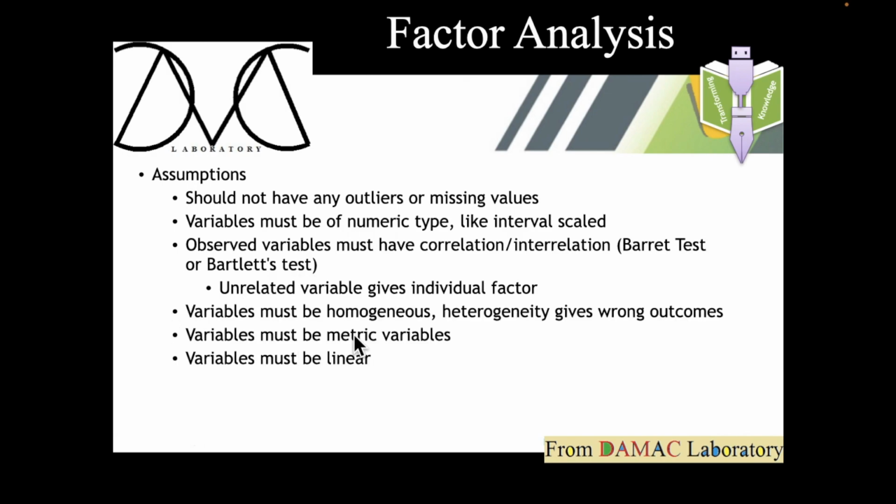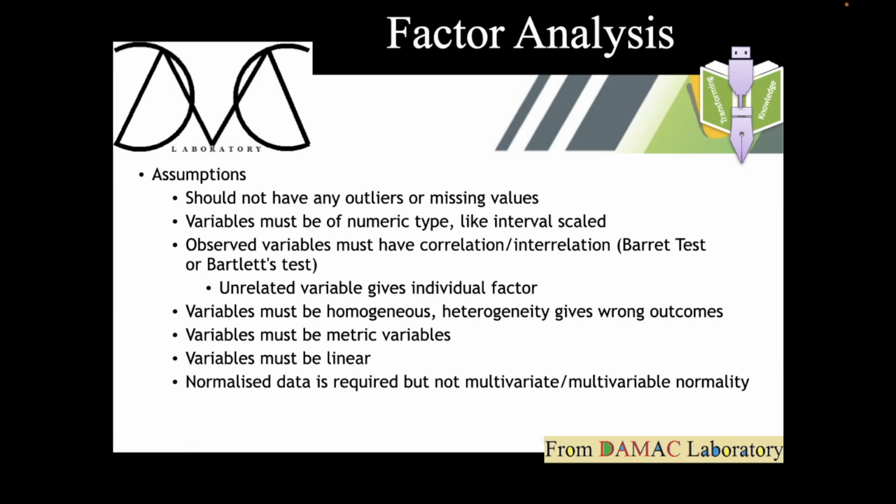Variables must be homogeneous, and if you use heterogeneous kinds of data in a variable, it will give you wrong outcomes, or the desired expected outcomes will not be achieved. Variables must be metric. Variables must be linear. Some form of multilinearity can also be possible, but the data should be normalized.